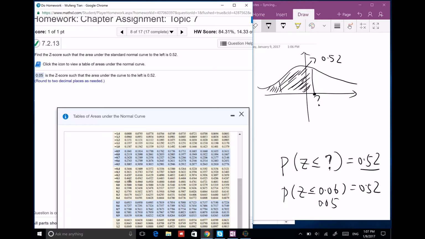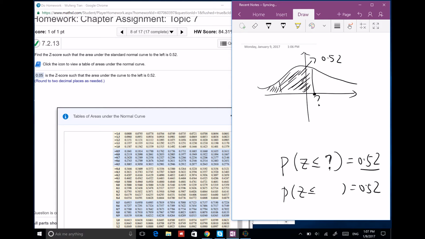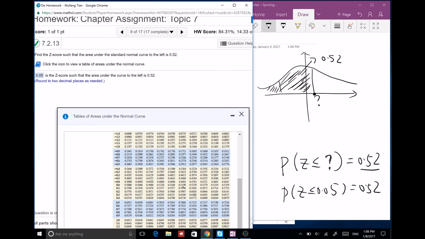Let me see. 52 is right here. So 0, 1, 2, 3, 4, 5. Oh, my bad, it's 5. Yeah. So 0.05. Look at this number, it's 52. So 0.00, 0.01, 0.02, 0.03, 0.04, 0.05. It is 0.05. Okay.